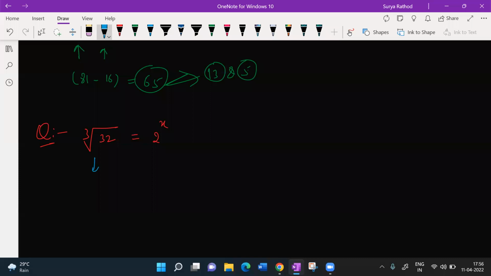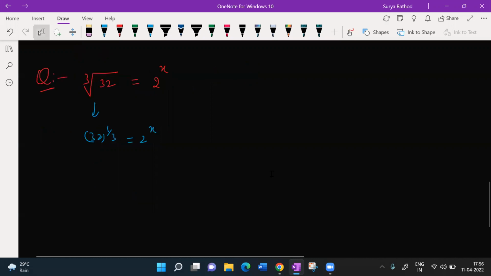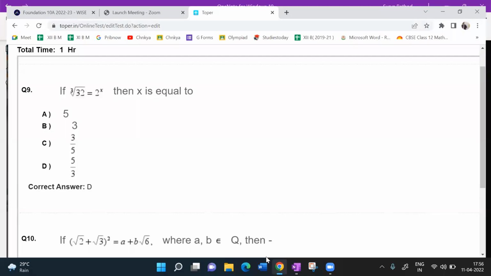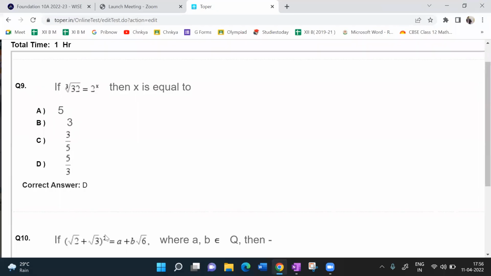This can be written as 32 to the power of 1 by 3. 32 can be written as 2 to the power of 5. So 5 by 3 is equal to the power of x. Option D is correct. Any doubts, people? No, sir.